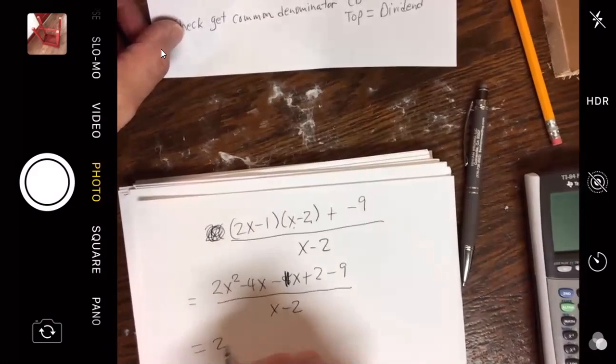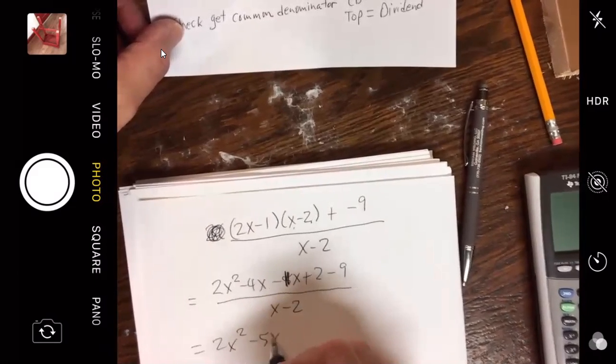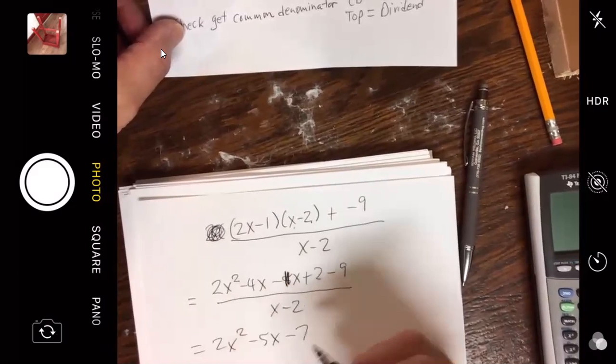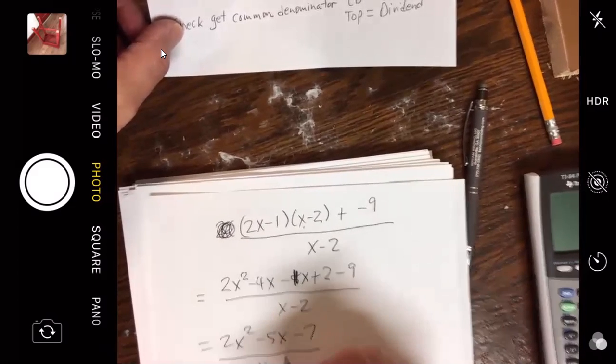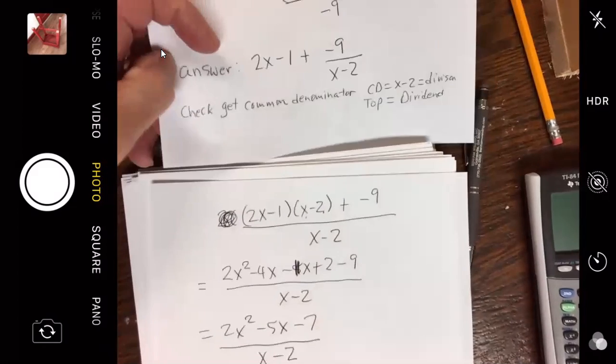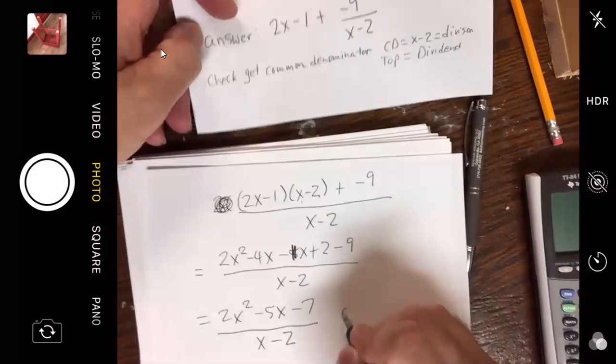So that's 2x squared minus 5x minus 7, all over x minus 2. And that is your common denominator form.